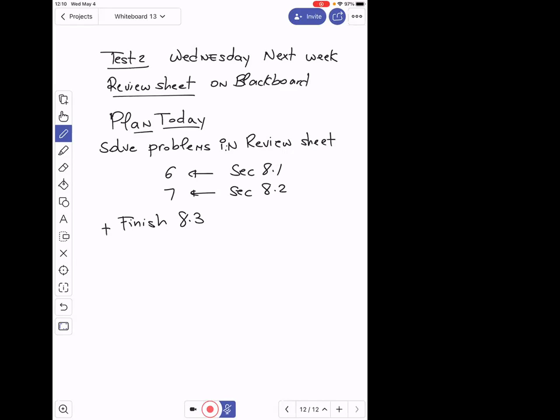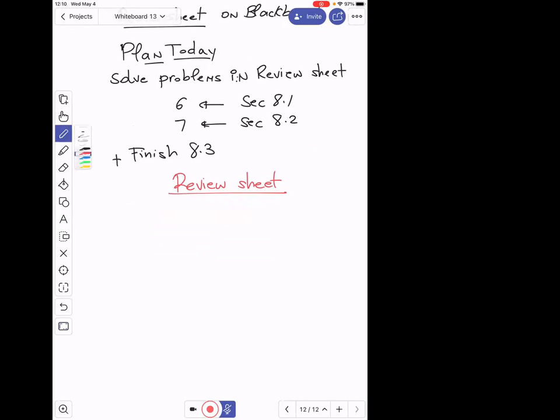do the problems. So there's the review sheet. Let's do first problem 6. Again, the review sheet is on Blackboard, guys. This is section 8.1.